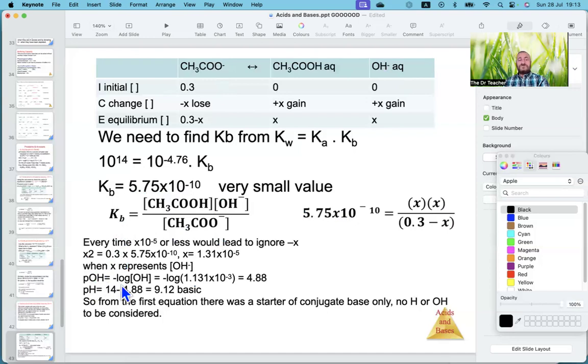The pOH is minus logarithm of the concentration of OH, which is x, 1.3 times 10 to the minus 3, giving 4.88. So the pH, 14 minus this, gives you 9.12, which is basic. From the first equation, there was a starter of conjugate base only, so no proton and no hydroxide to be considered.